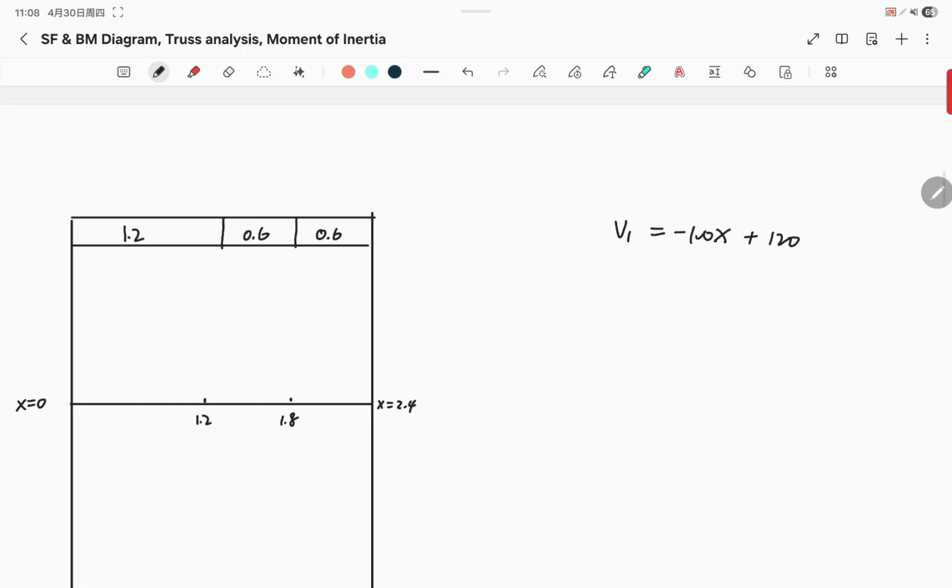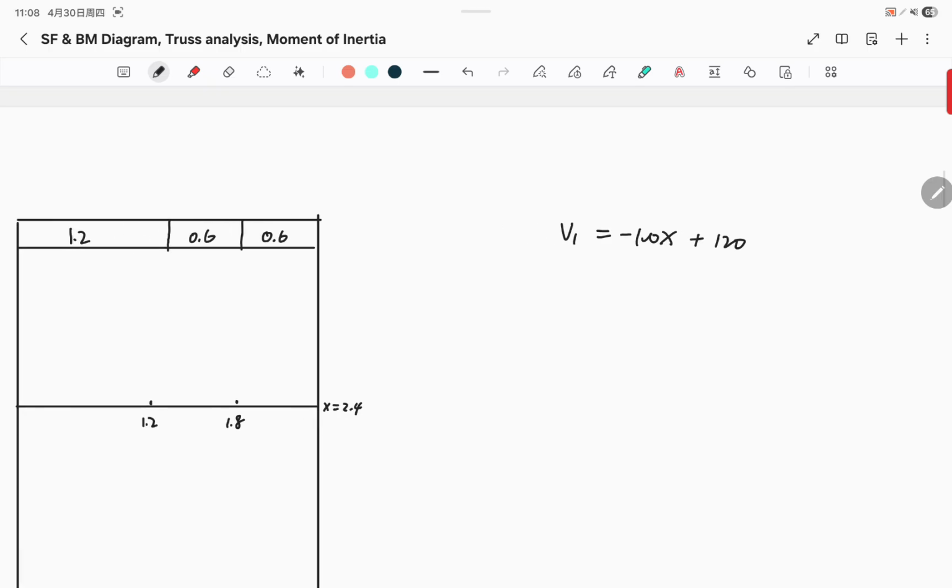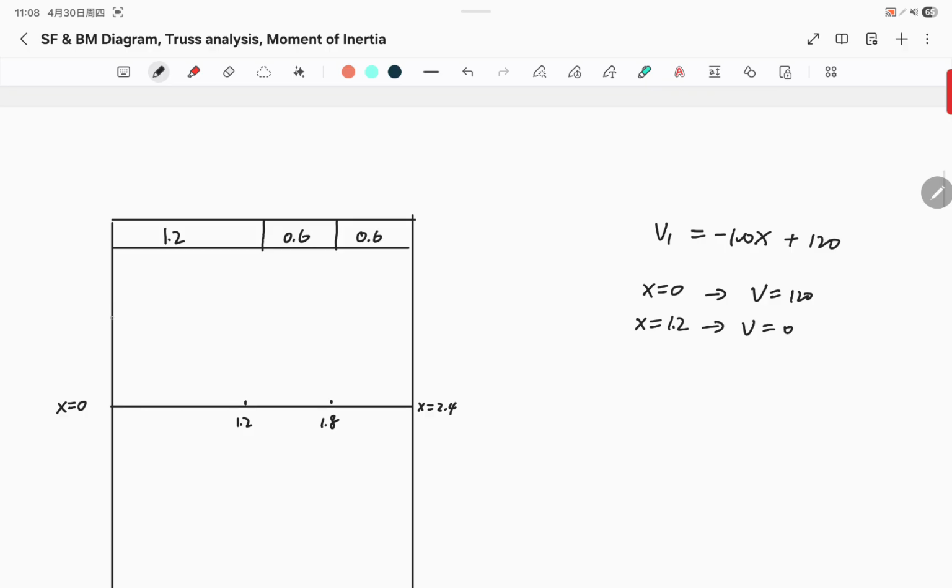We're going to plug in values, and this is for 0 all the way to 1.2 meters. So when x is equal to 0, that gives me V is 120, and if x is 1.2, this gives me V is 0. So I know that when x is 0, it starts at 120 and it goes all the way to V equals 0 at 1.2 meters.